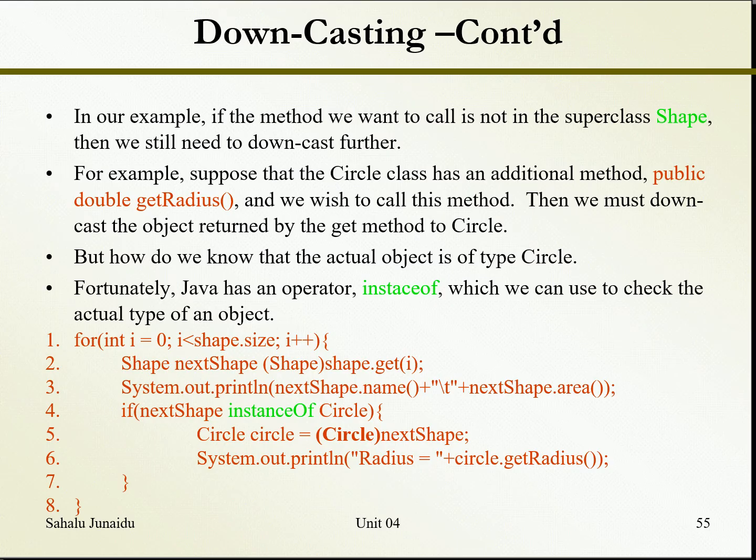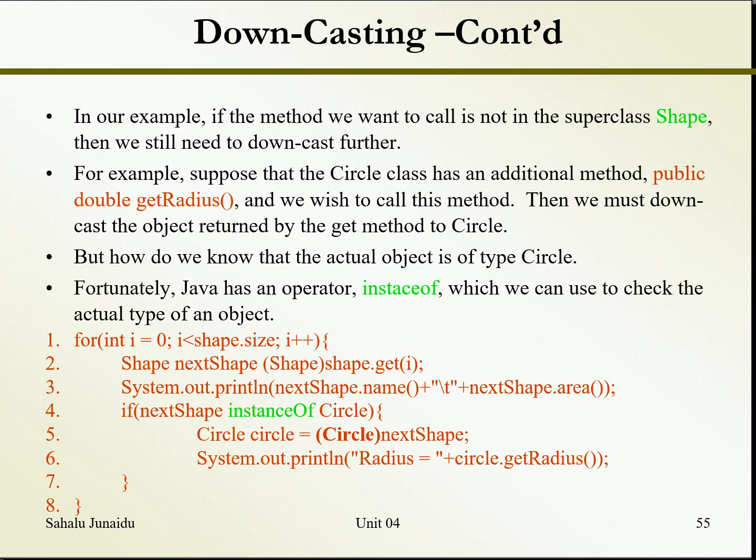But a parent cannot call the method of the subclass. So for the parent to call the method of the child, if we are using an object of type parent, we have to cast it to the type of the child class before we call that method, because the parent cannot use it. So this is typically the idea.